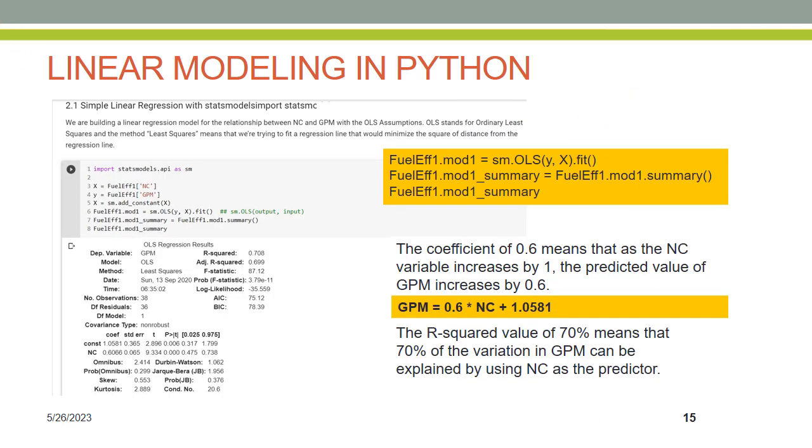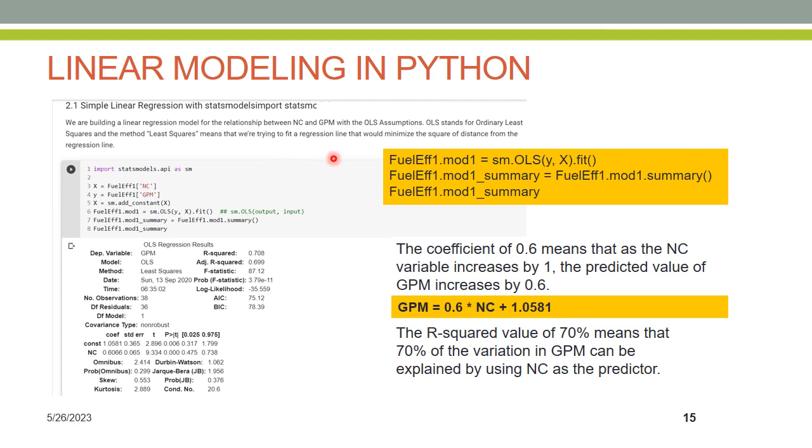Here's what a simple linear regression looks like with the statsmodels package. We first import the statsmodels package as SM, and then we declare our X and our Y, that is our predictor and our response, and we make sure that we add a constant as well.